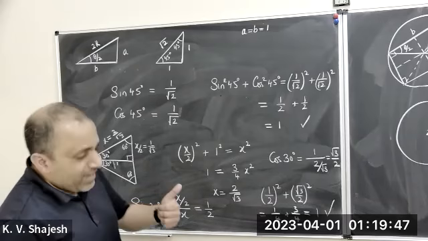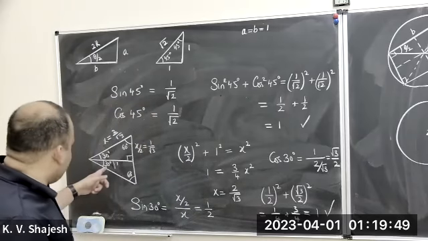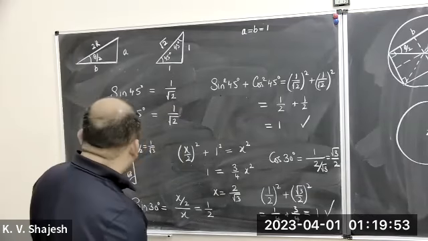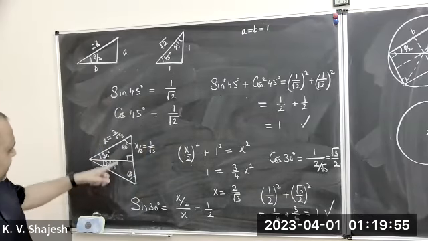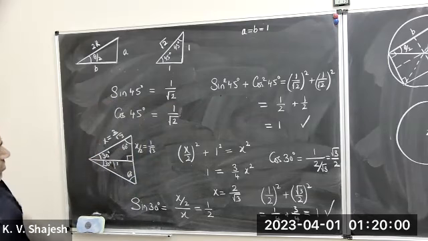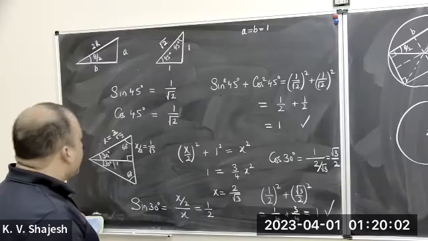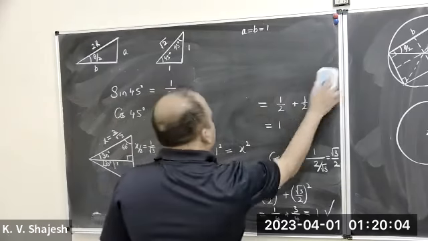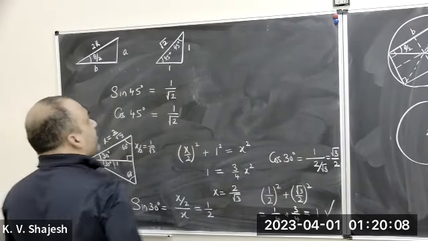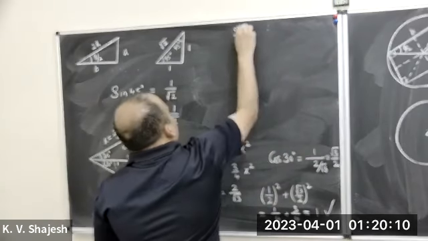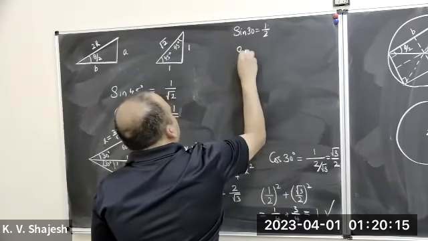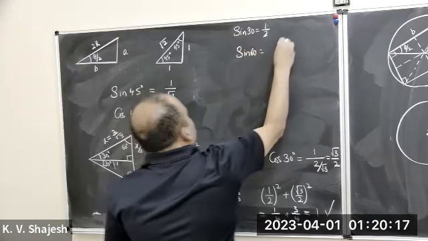So I have sine of 30, sine of 45. We can also get sine of 60, correct? Sine of 60 here is opposite over adjacent. So let me make some room here. This was an identity check. So I have sine of 30 is equal to 1 over 2. Sine of 60, we will find out.